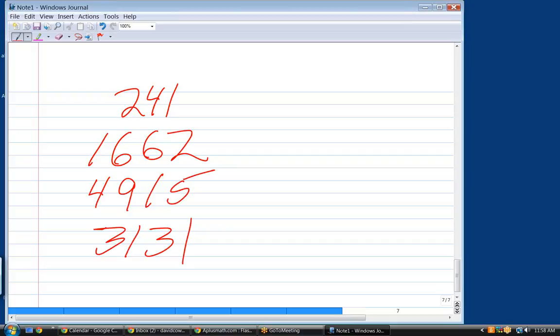For a number to be divisible by 2, it has to be even, right? For a number to be divisible by 3, the digits have to add up to a number that is divisible by 3. This adds up to 7, so that can't be divisible by 3 because 7 is not.